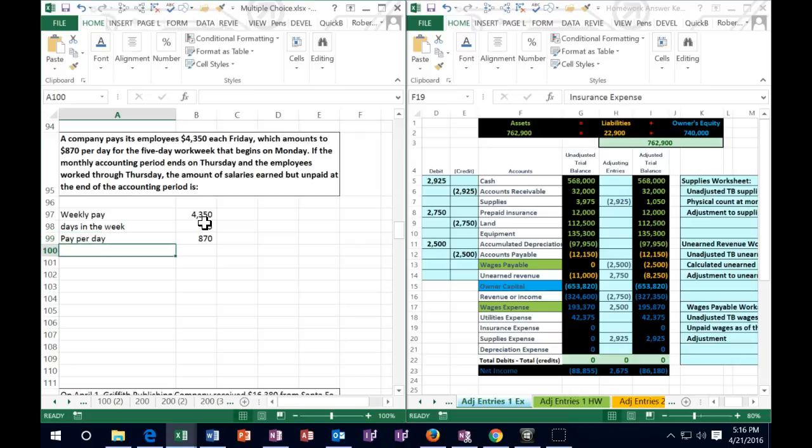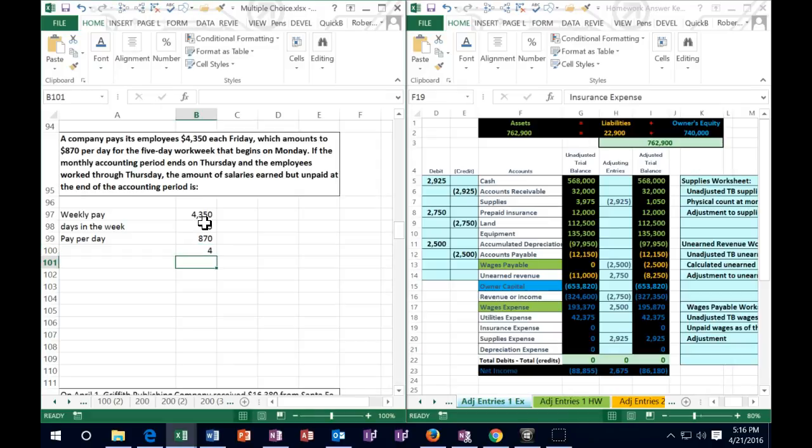Now they don't get that till Friday. So our problem is that the cutoff date, let's pretend it's 12/31, the end of the year, happened on Thursday. So that means that as of the cutoff date, we haven't recorded the fact that the 4 days were worked, and we need those 4 days of expense on our financial statement under an accrual basis.